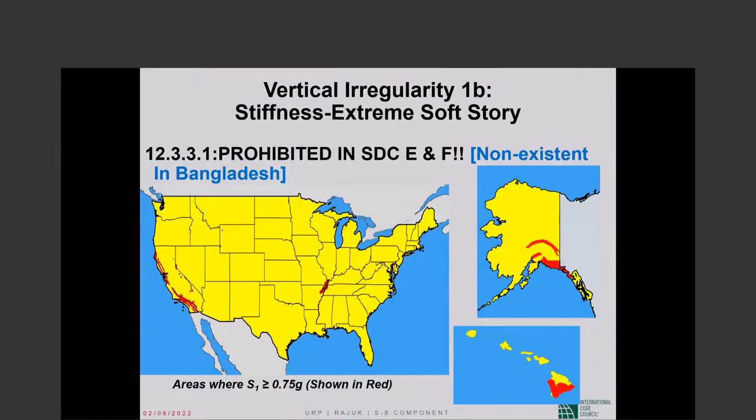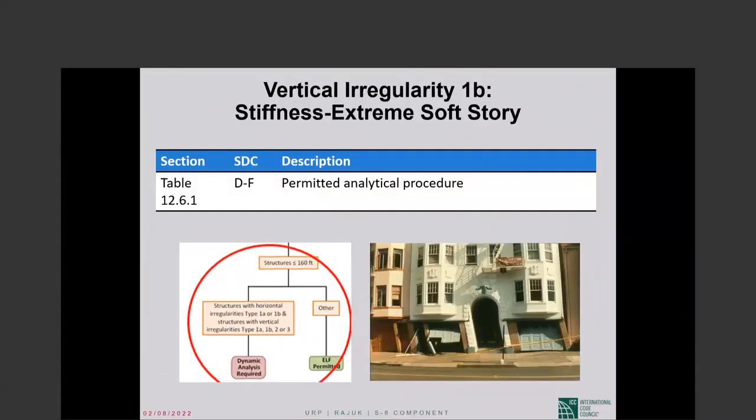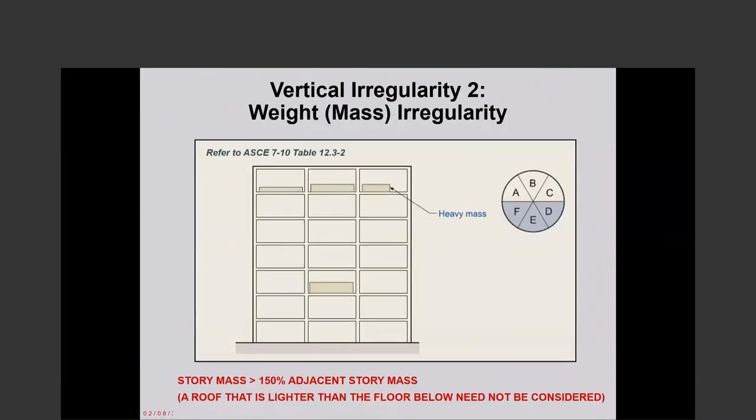This irregularity, extreme soft story, is prohibited in seismic design categories E and F, obviously you are not bothered by that. Also, the other thing is the permitted analytical procedure. You have to do dynamic analysis. Nothing else is triggered. Vertical type 2, mass or weight irregularity.